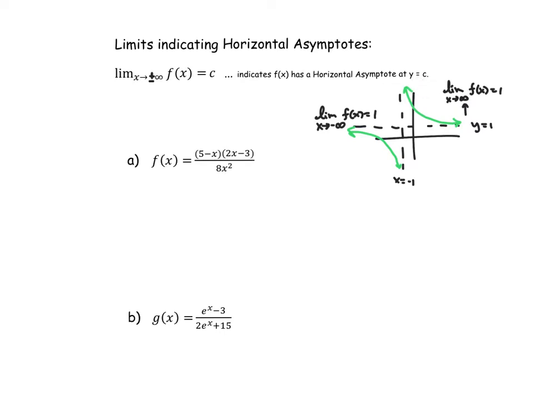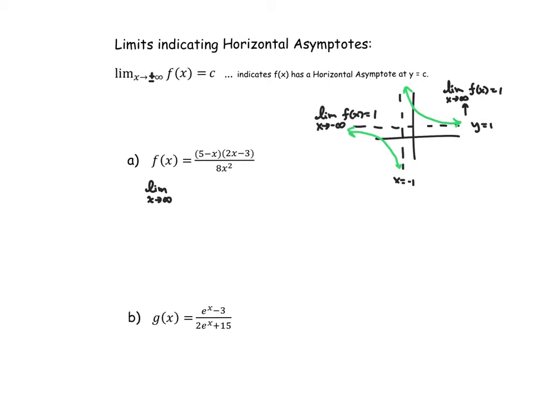All right, so let's look at this first example. You'll see that I'm going to need to do some work here in order to determine what the horizontal asymptote might be, if there's one that exists. So I'm going to take the limit as x approaches infinity of the numerator. I'm going to expand that.